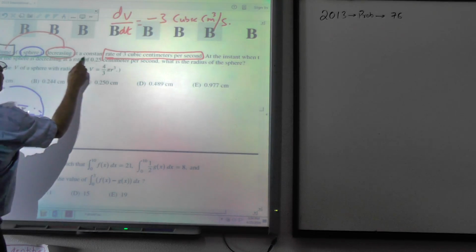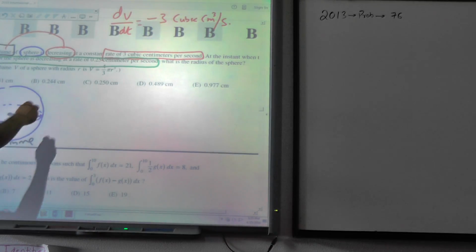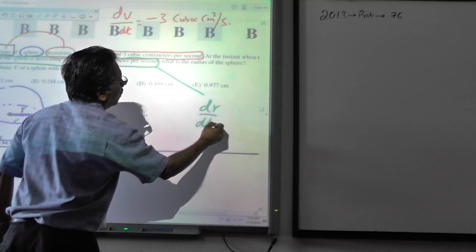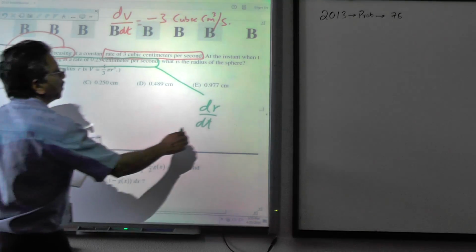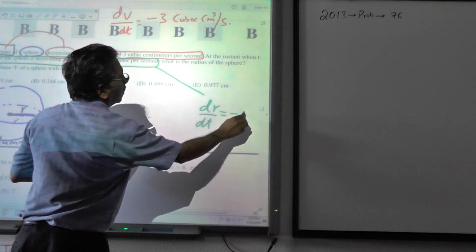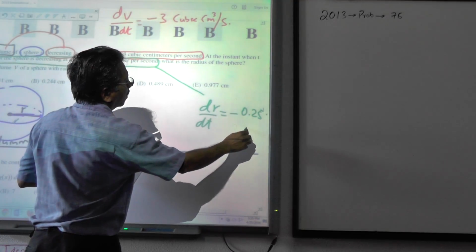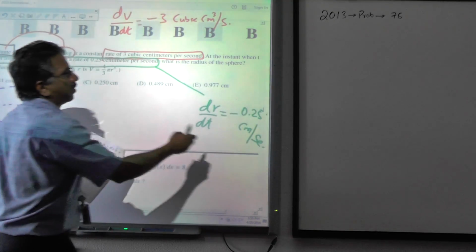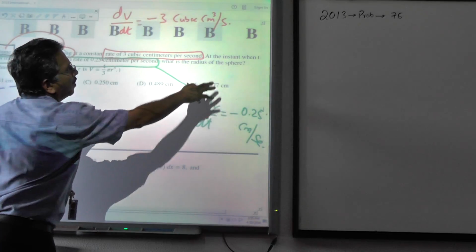The radius is decreasing at a rate of, so here you are given dr by dt, which is minus 0.25 centimeters per second. So it's getting reduced by 0.25 centimeters every second. The question is, what is the radius of the sphere?